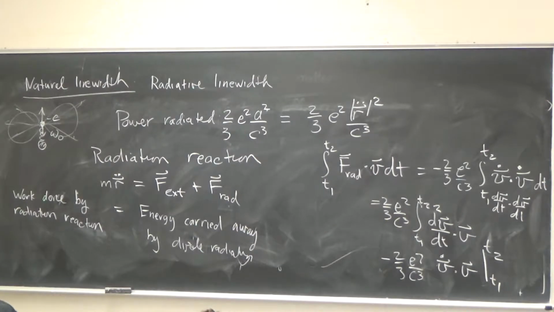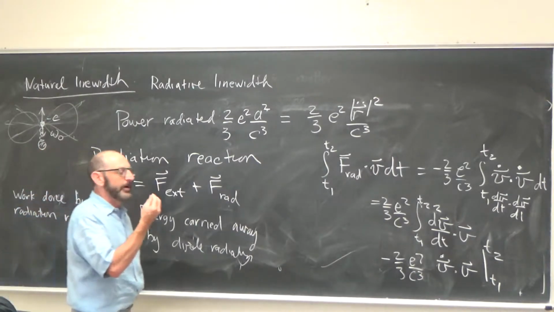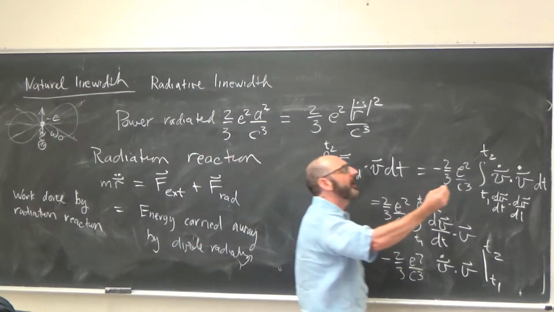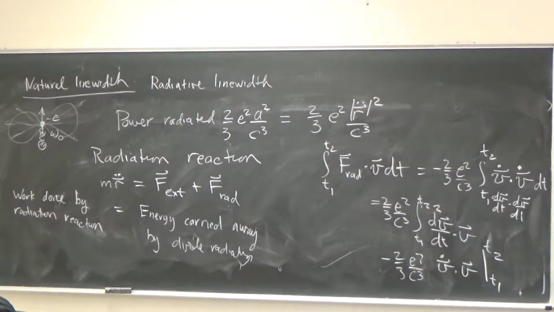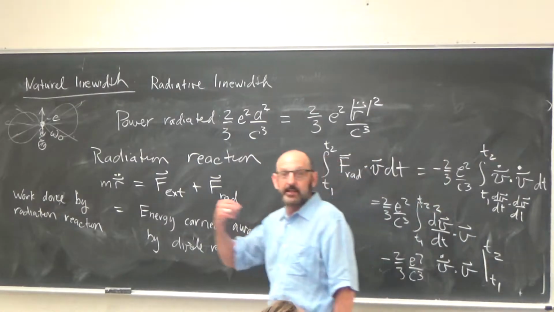Now for this particular case, we can look at a time interval either where the particle starts at rest and ends at rest. That's one case we might be interested in, in which case the surface term is 0 because v is 0. Or we have a situation in which the system is periodic in motion.